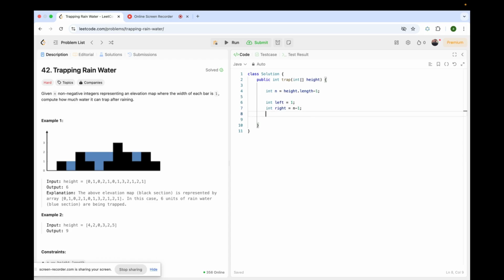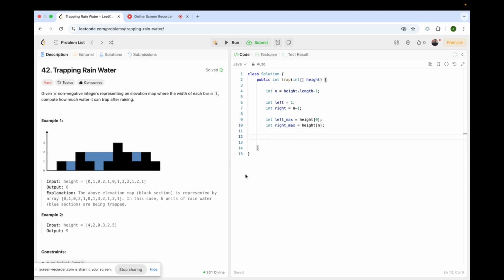Now I will take one variable called left max, which is height of 0, and right max, which is height of n.